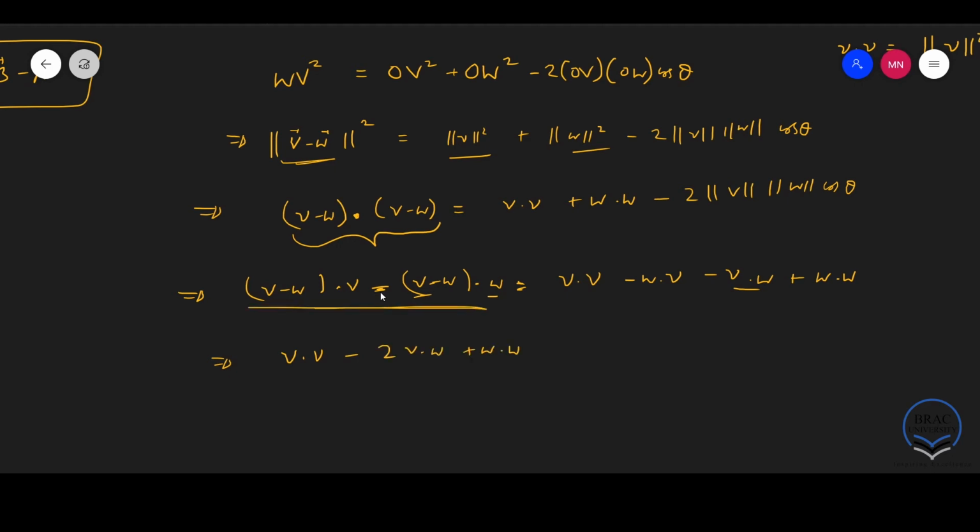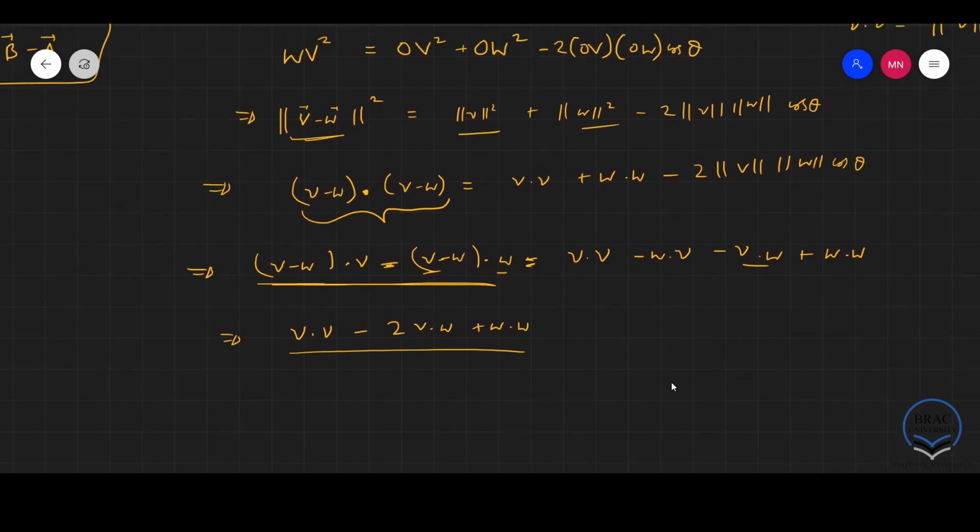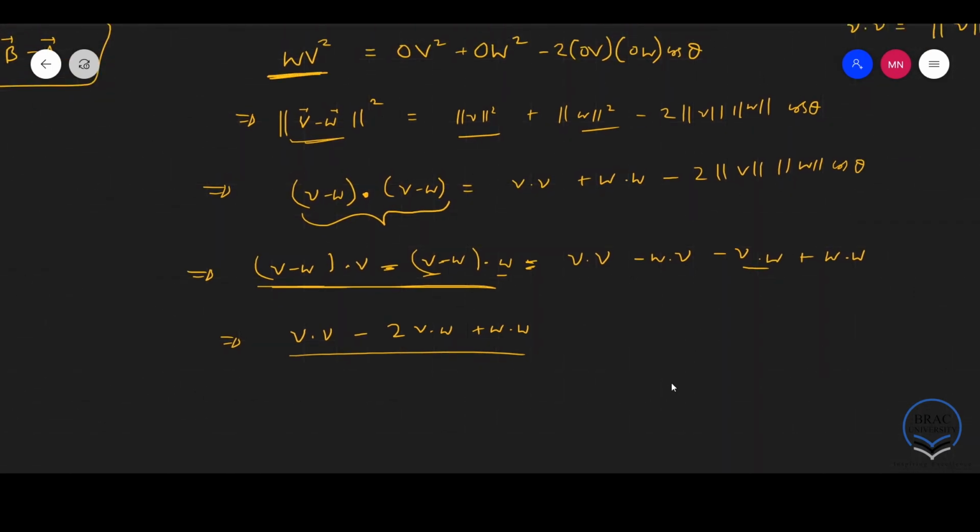So this on the right hand side is just equal to what we have here, right? So we can write the magnitude of V minus W squared as this here. So we will have V dot V minus 2 V dot W plus W dot W, and this will be equal to V dot V plus W dot W minus 2 magnitude of V magnitude of W cosine theta.